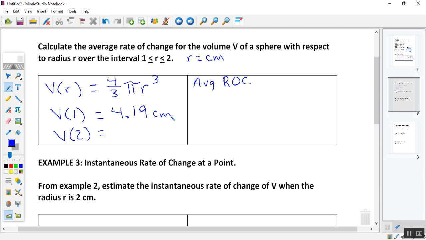Eight and 4 is 32. 32 over 3. Take 32 times pi and divide it by 3. How much? Yeah, 33.51. Is that what you had, John? Yeah. Okay. And I should put cubic centimeters up here as the volume.